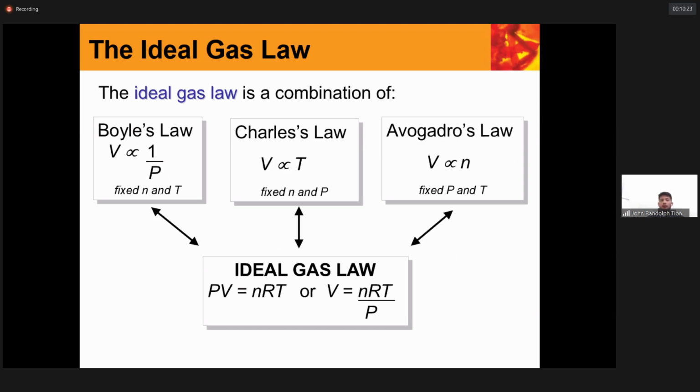And for Avogadro's law, pressure and temperature are fixed. Then, when you combine these 3 laws, you get PV equals nRT. P is for pressure, V for volume, n for number of moles, T for temperature, and R is for, did you encounter the R value already in your junior high? What does R mean?